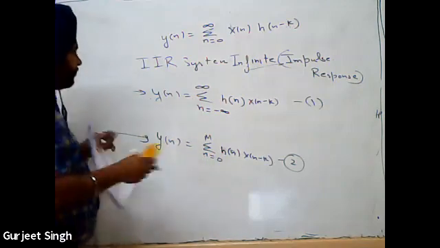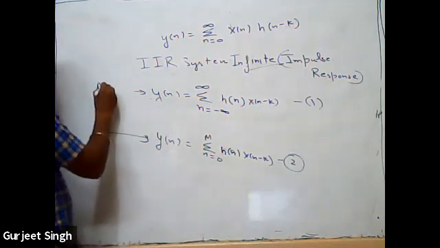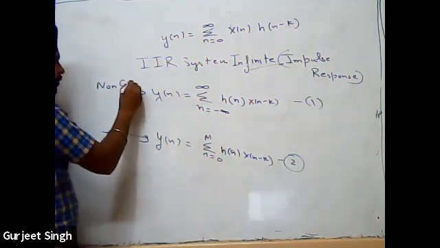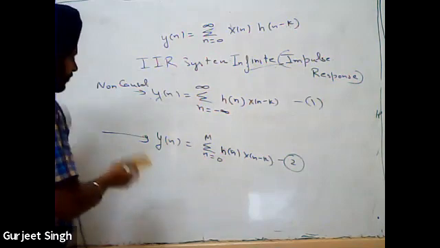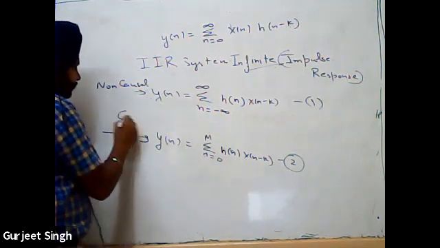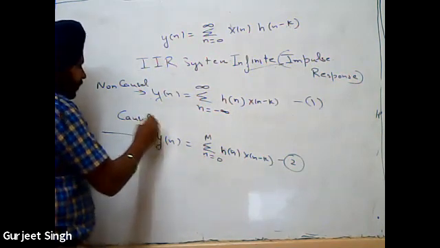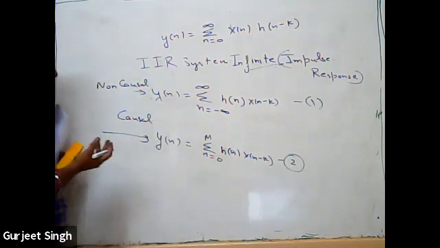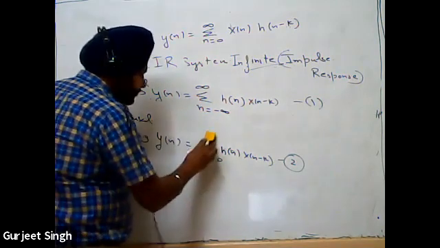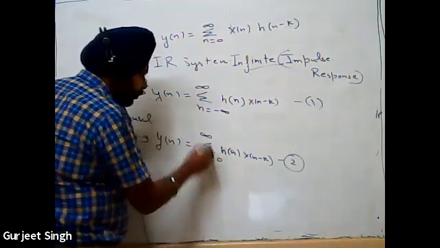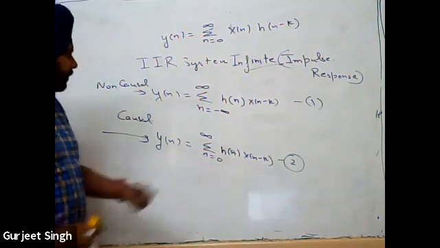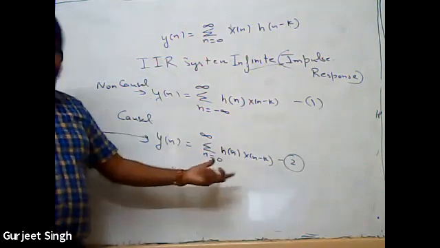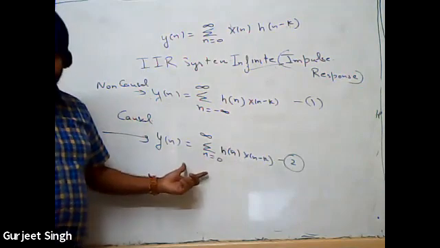But this is the equation for the non-causal system. Next, we are writing the equation for the causal IIR system. In this case, the range is from 0 to infinity, h[k] x[n minus k], because in a causal system h[n] is 0 for negative values of n.